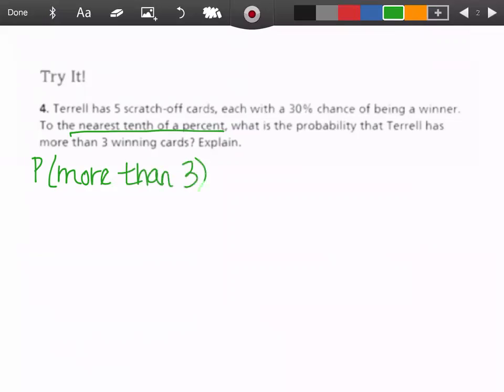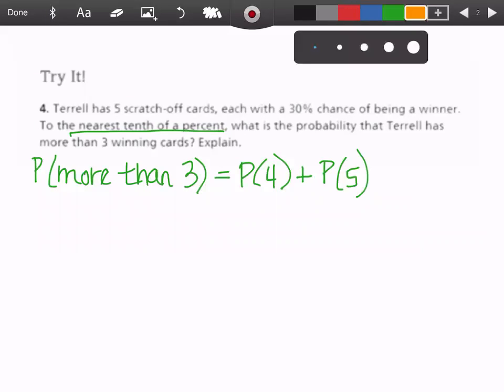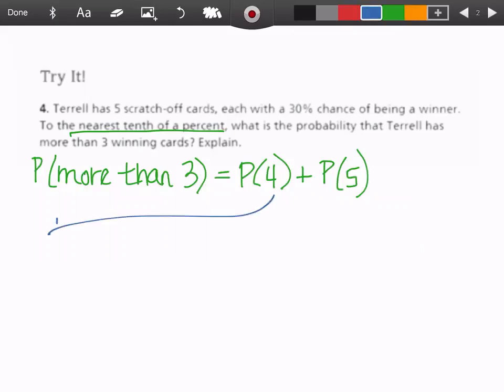Well, if he has 5 cards, what this really means is, what is the probability that he has 4 winning cards or 5 winning cards? Remember, if we have a probability with an or, we add those probabilities. So we're going to have probability of 4 or probability of 5. So probability of 4 is equal to, we want any 4 of those 5 to be winners.